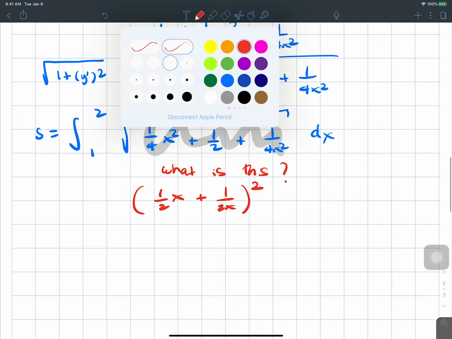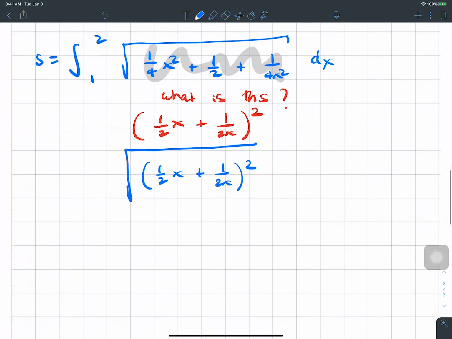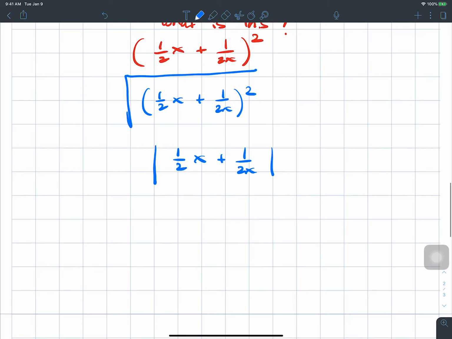So this now is very nice, because what this means is under the radical, you really have 1/2 x plus 1 over 2x to the second power. And what this means is you have the absolute value. That's the definition of the absolute value. And then you know, well, what about what's here in between?